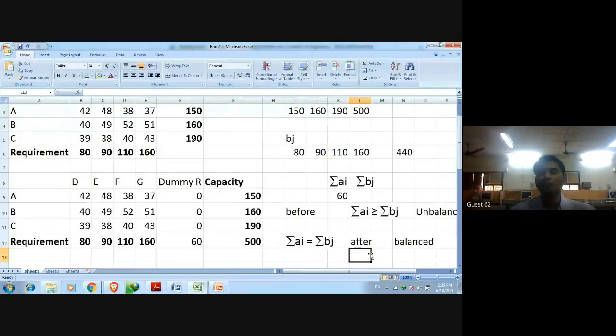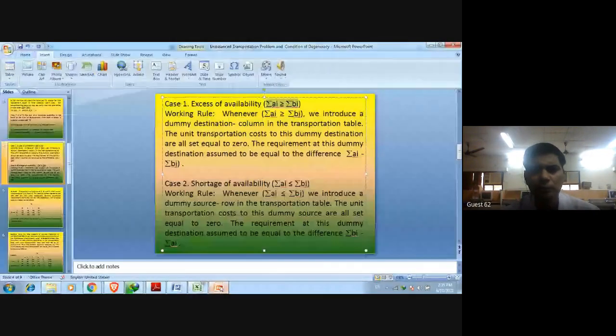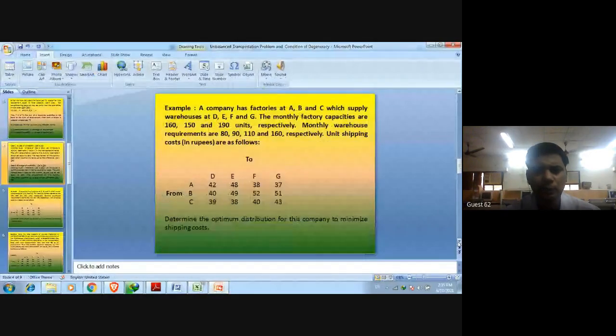Now this problem can be solved by any of the three methods. Okay, now you can solve this balanced problem by any one of the previous three methods, that was the NWCM method, either the LCM method or the VAM method. Okay, so I am only giving you the solution if you want to try it at home.